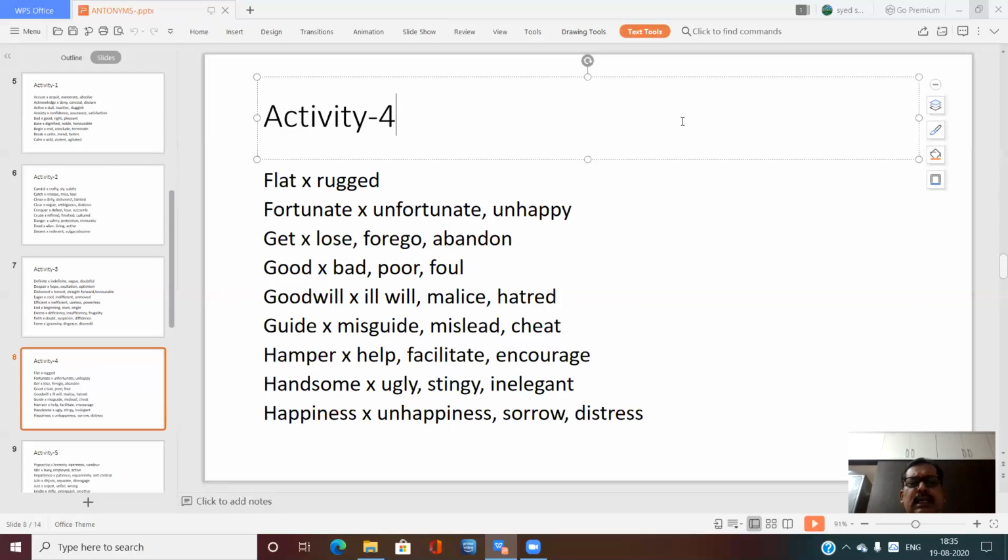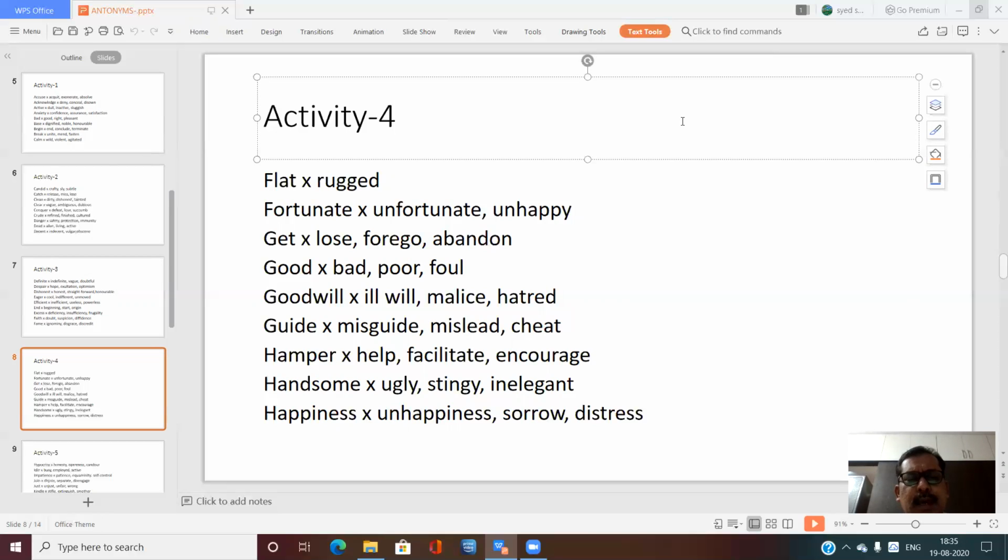Malice means having ill intention. Guide, opposite words: misguide, mislead, cheat, astray. You can also say another good word, stray, A-S-T-R-A-Y, astray.